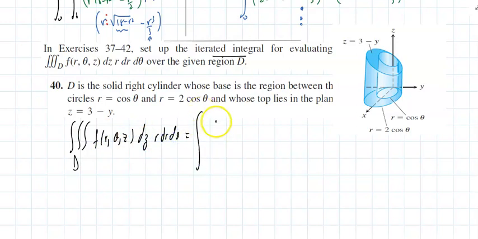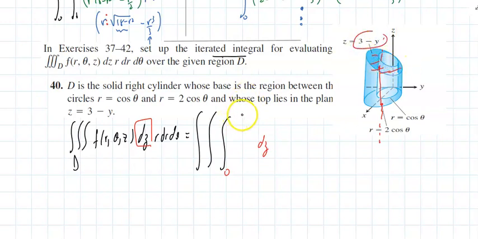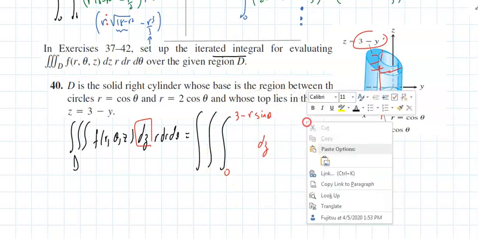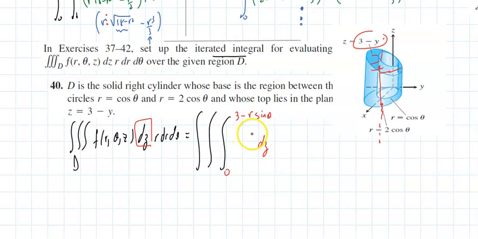And to us, that's going to be the integral of, and let's see how this plays. z runs from the ground and exits out of this plane, 3 minus y, but we know that y is r times the sine of theta. Now, I need to worry about this part.